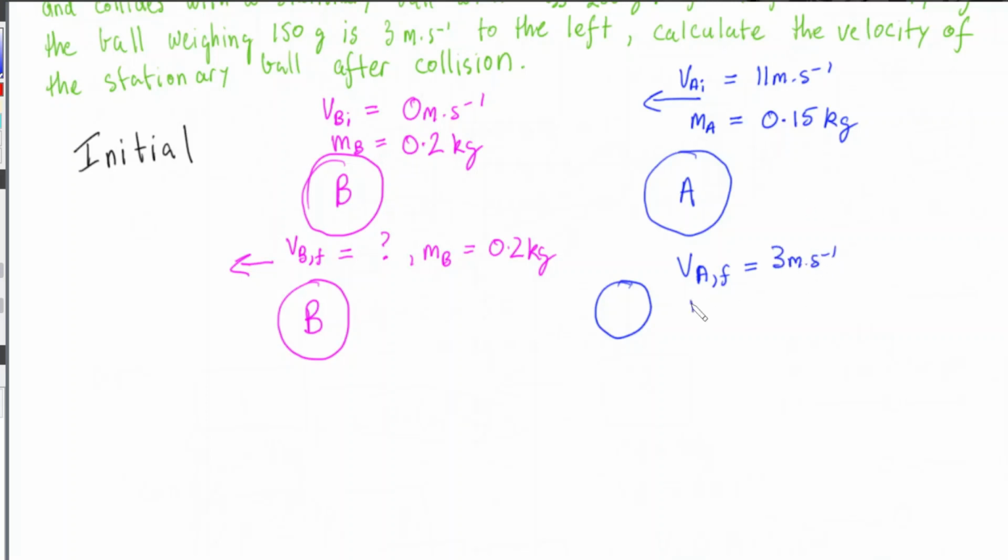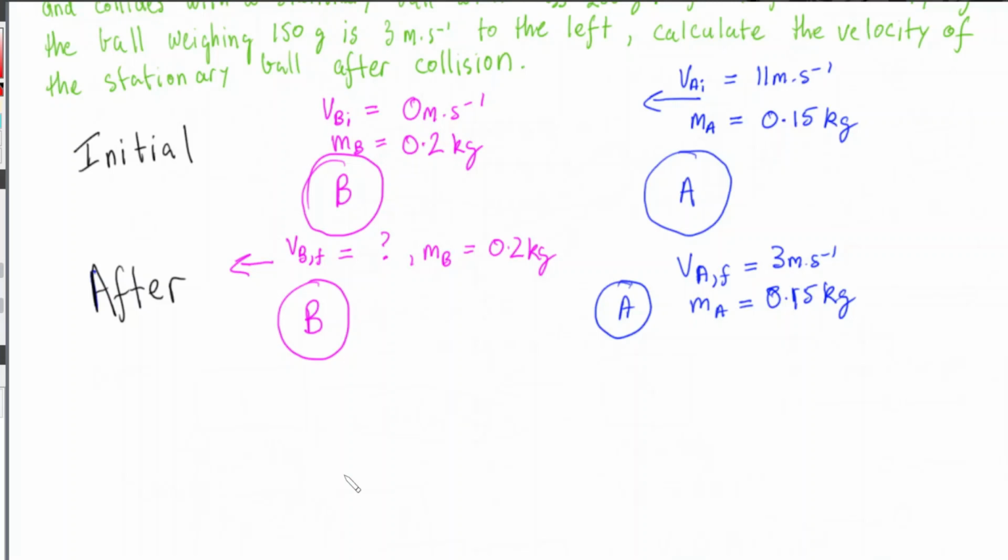And our mass is, of course, going to remain the same. So mass of A is 150 grams, which is 0.15 kilograms. And let's label this the after condition, and I will write that in a different color so we don't confuse ourselves. After.